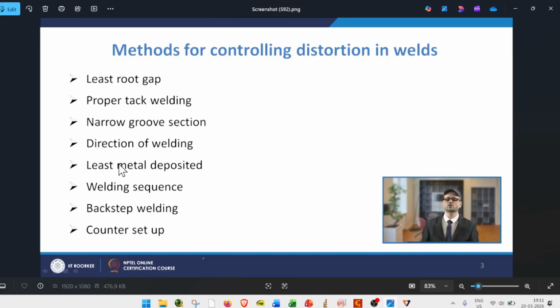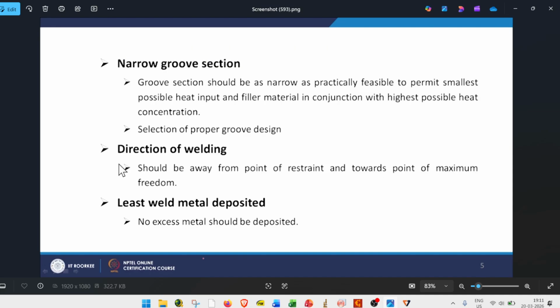So these are the different methods by which we can prevent the distortion effect, such as narrow groove section. In narrow groove section, the groove should be as narrow as feasible to permit the smallest possible heat input for the filler material, in conjunction with the highest possible heat concentration.